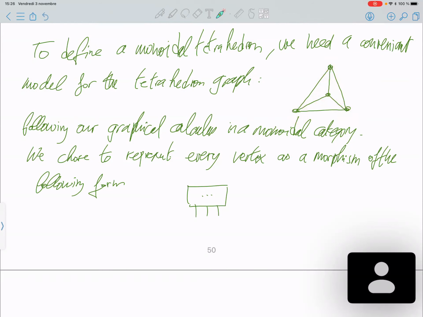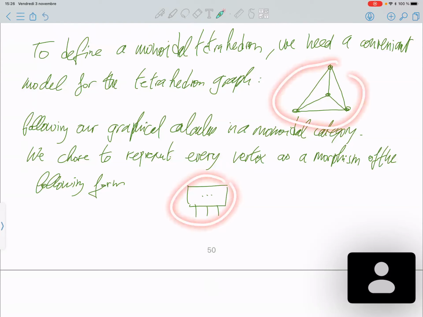The problem is that when you want to prove a result about this structure, you need something more unified. Otherwise, you will have to go from one model to another for the morphism. So we choose to put everything like that. But to put everything like that, we need to modelize it.